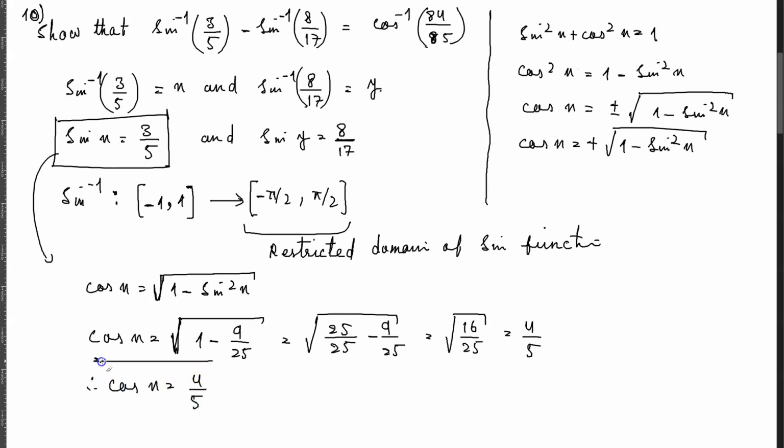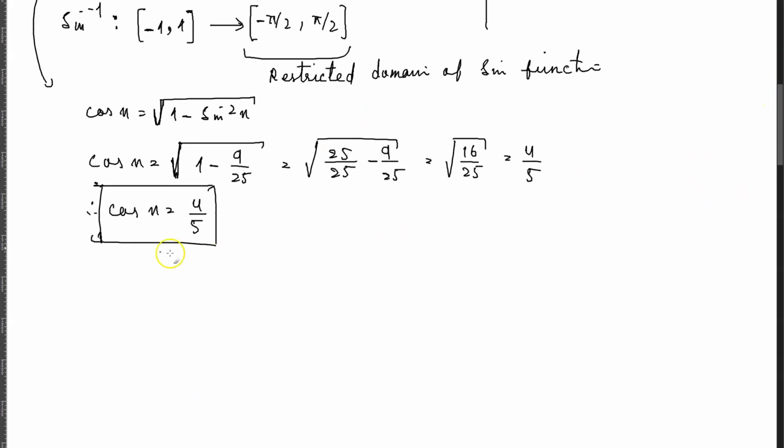So the problem is actually solved. And then I can use the same logic. Sine of y is equal to 8/17, which means that I can write cos of y is equal to the square root of 1 minus sine squared y.